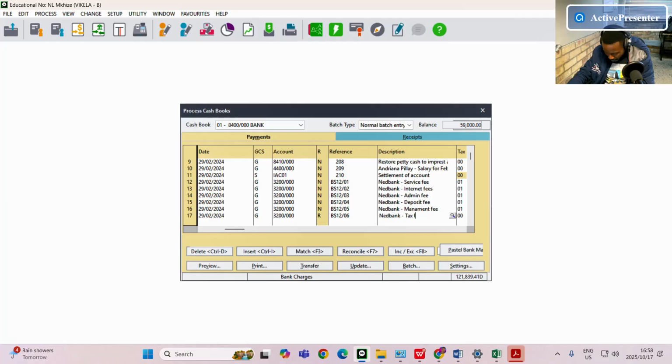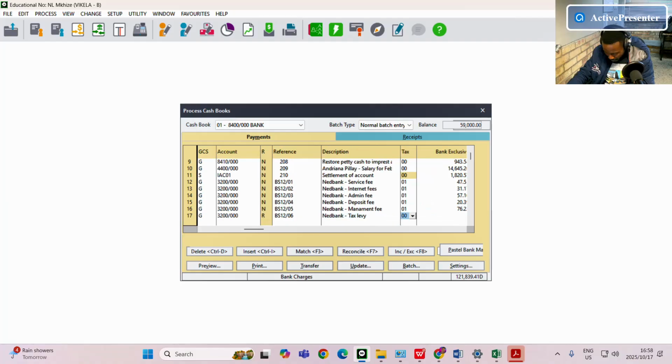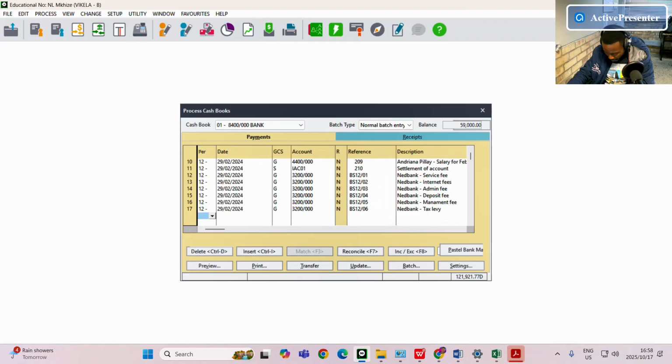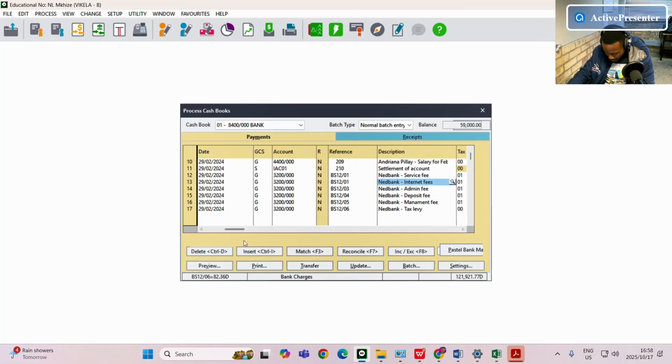So there's no VAT on this one. What others do here is they put all the bank charges under one reference, like BS 12/01 for everything that's bank charges. I think we should do that, guys. I think that's the easier way when we are doing the bank recon.